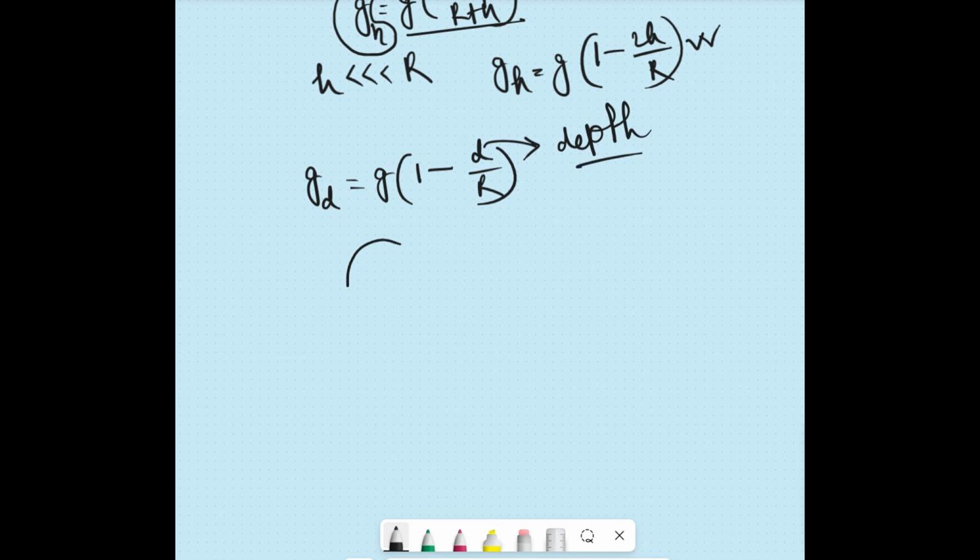If this is the earth, then at the center d equals R, where g equals 0. In that case g at depth is 0.